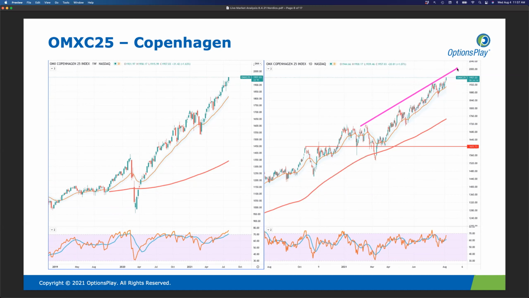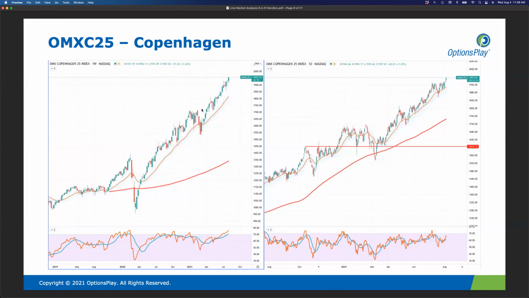So if you want to connect the dots here, we see something similar to the Swedish markets: a bit of a channel that the index is trading in. It's near the top end of the channel here. This is a pretty small channel, but very much recently breaking out from this 1920 level is a very bullish outlook.